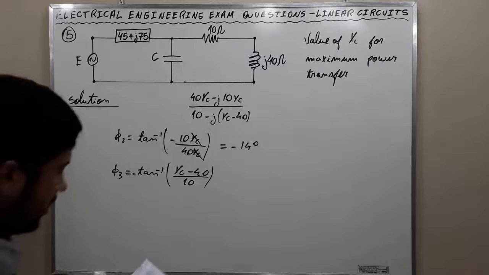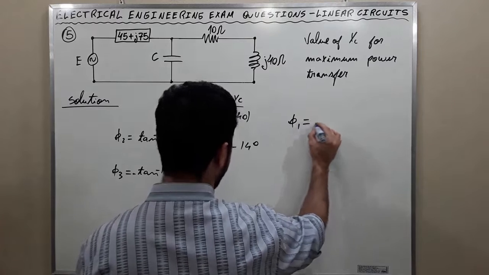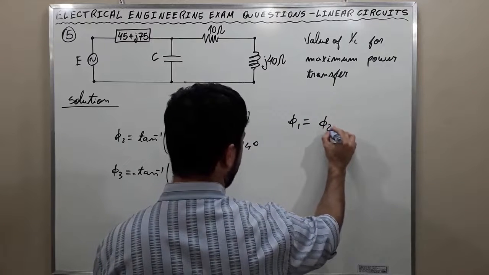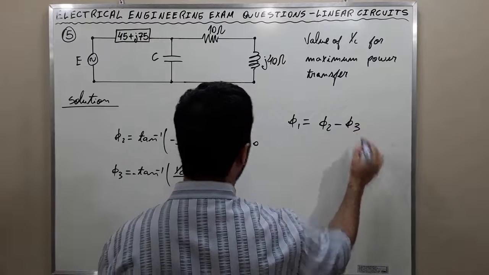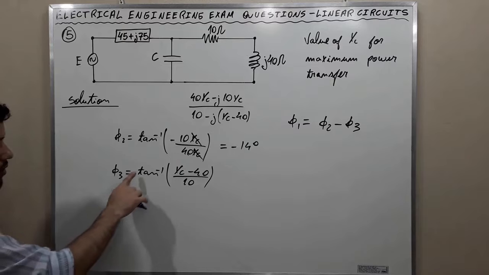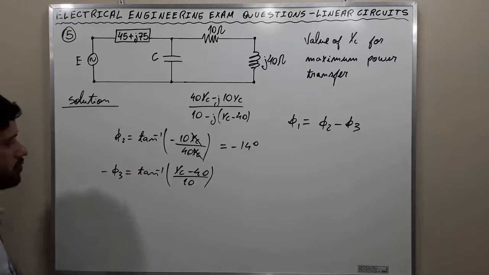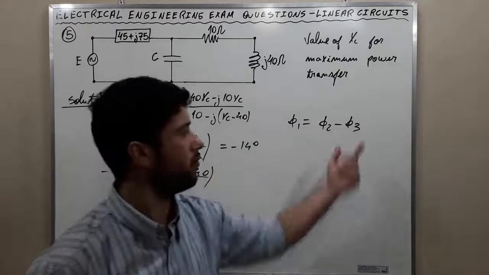All right, then we conclude that phi 1 is equal to phi 2 minus phi 3. We can pass this sign to the other side, it becomes this, okay? Negative phi 3 here.